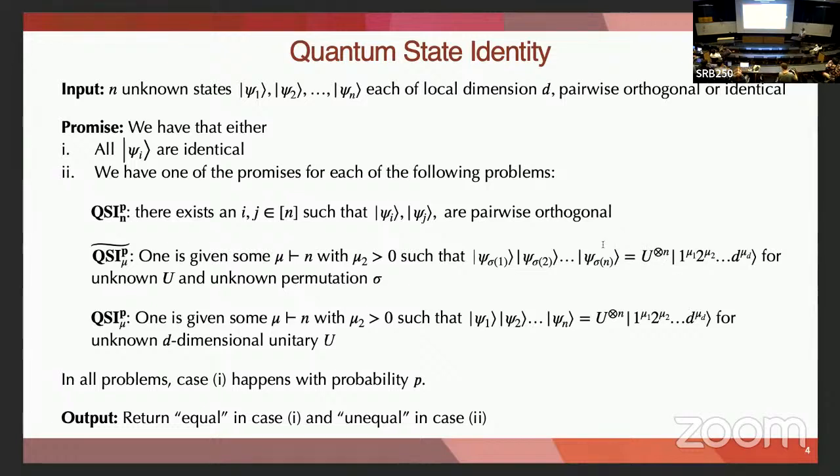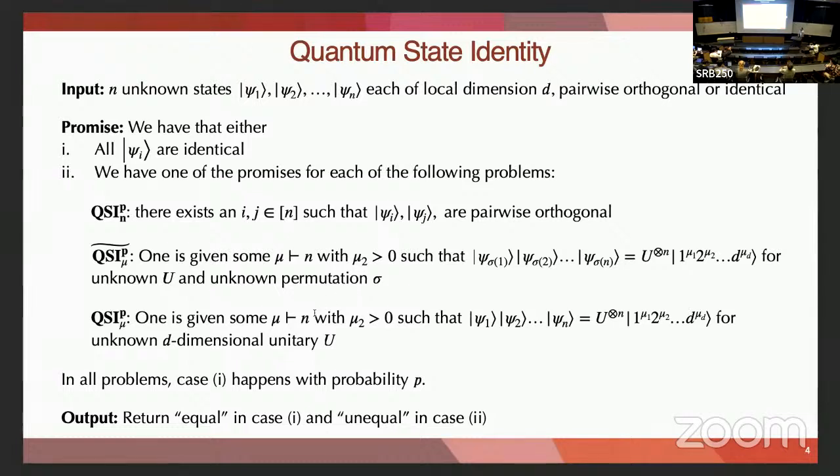But we know that among those n states, there are mu1 states equivalent to ket1, mu2 states equivalent to ket2, and so on and so forth. So we know the composition of our input. And here, crucially, the tilde means that we don't assume any knowledge of the permutation, so in principle they can be given to us in random order.